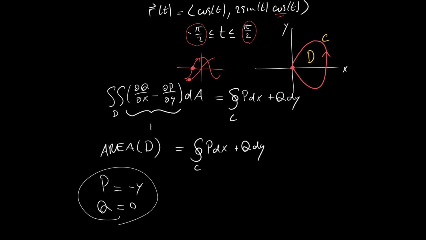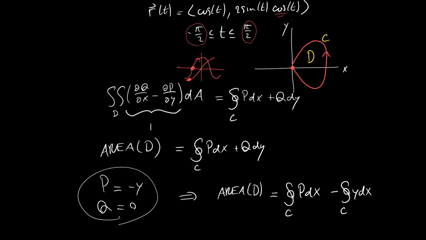You can verify that the derivatives will add up to 1. Then the area will be equal to the integral over the boundary C of p dx, and q dy will then be 0. So since p is equal to minus y, we get minus the integral over C of y dx.